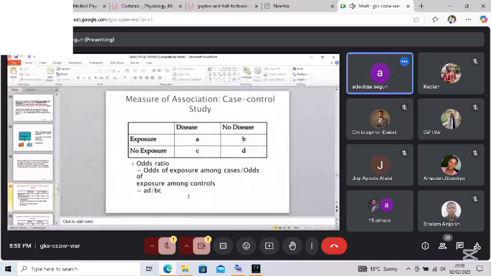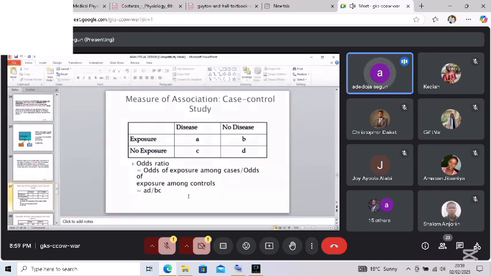For the case control that we are talking about, we know that we have two groups, the case and the control. The cases have developed the disease already, and they were exposed to certain factors that may predispose them to that particular disease.